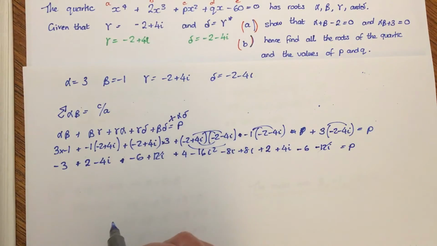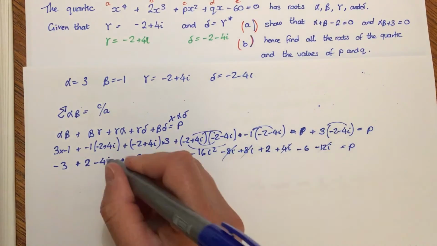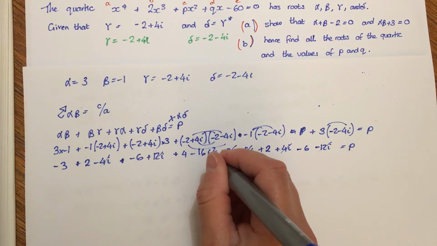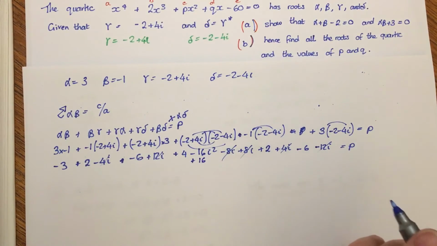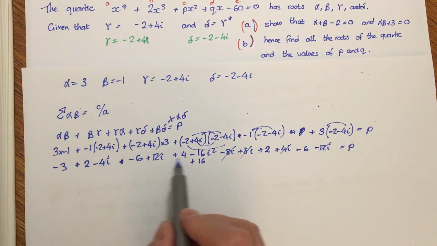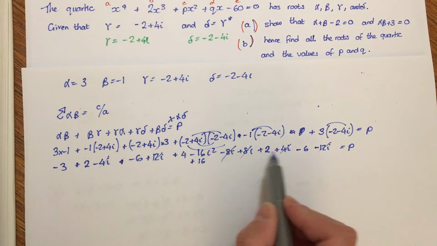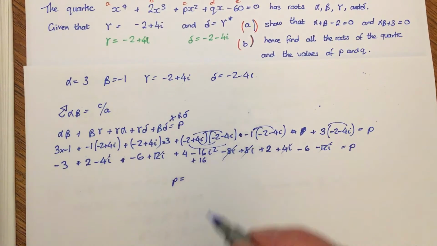Minus 12i and plus 12i, okay, that goes and that goes. Got 4i and minus 4i, and I'm left with 16i squared, which is positive 16. So then it's just a case of adding up the numbers. So you've got negative 3 plus 2 minus 6 plus 4 plus 16 plus 2 minus 6 equals P. So what does P equal? Nine. So P is 9.